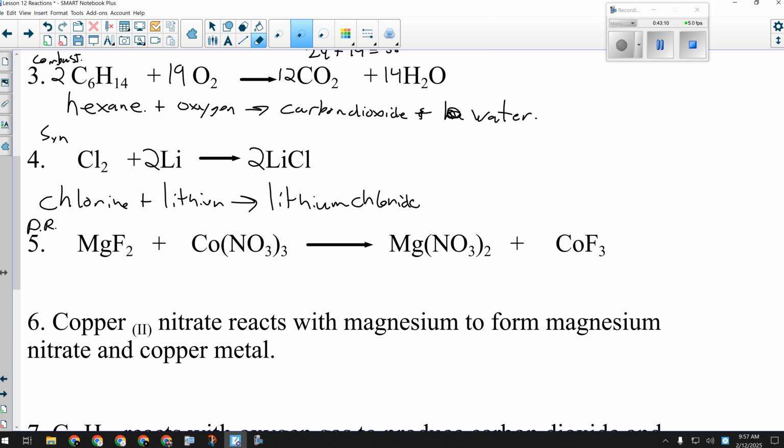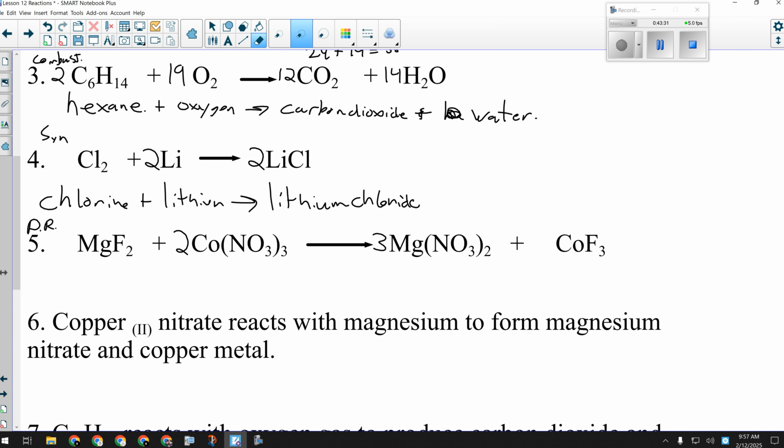They're both -1, so it doesn't matter which one I start with. Okay, I've got 3 nitrates here, but I only have 2 on this side. How do I balance that? 6, right? So I'm going to put a 2 here because 2 times 3 is 6, and I'm going to put a 3 here because 3 times 2 is 6. So now I've got 6 nitrates on both sides.